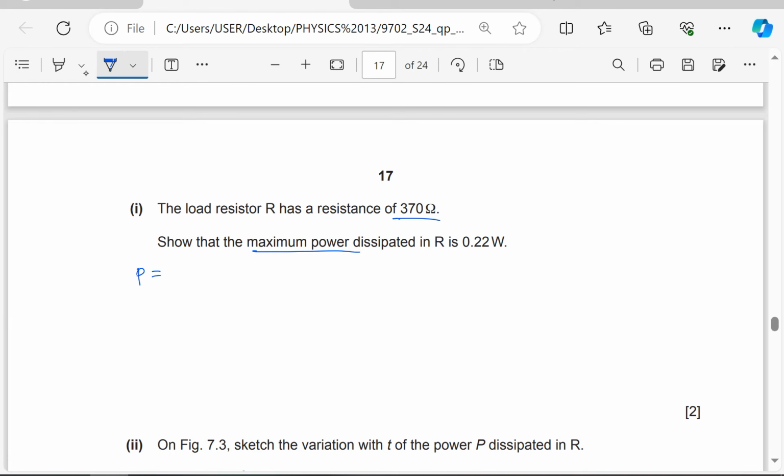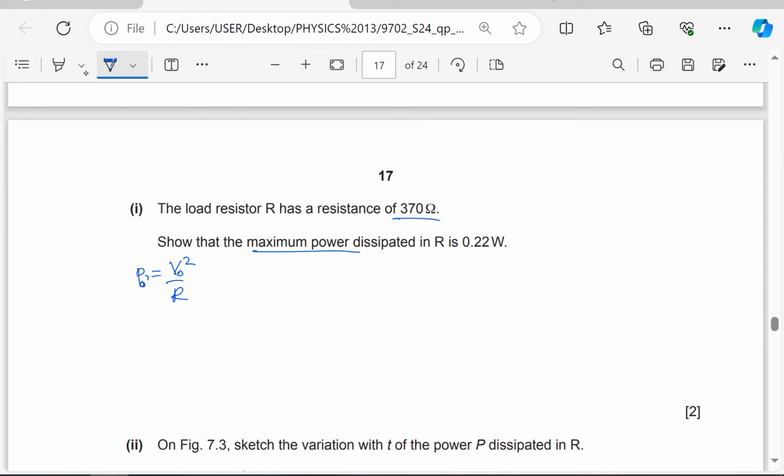For DC values, this would be V squared over R. But now that we are looking at alternating values, this would be the maximum output, so P naught, the maximum power dissipated, is going to be V naught squared over R.